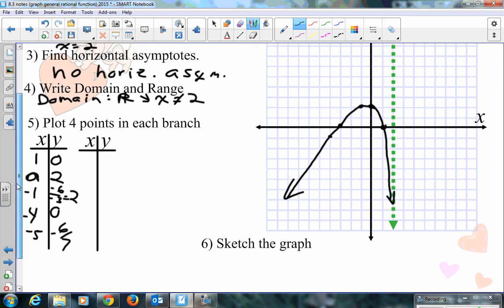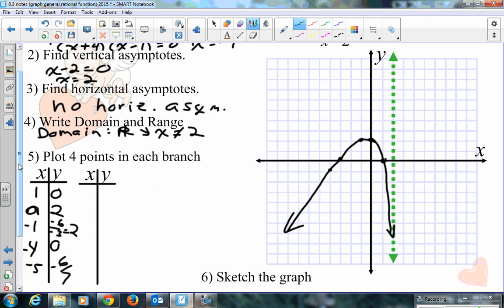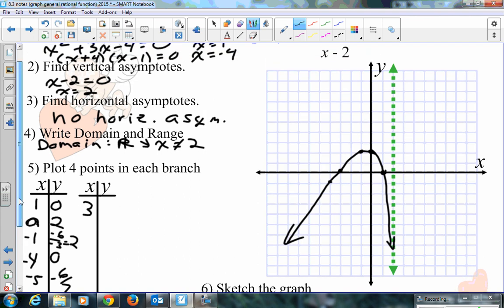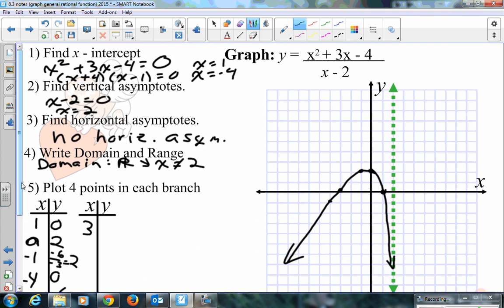Now let's look on the other side. Okay, well, I know it had to do 2, so let's do 3. Well, 3 squared is 9, plus 9 minus 4 over 3 minus 2 is going to be 14 over 1.